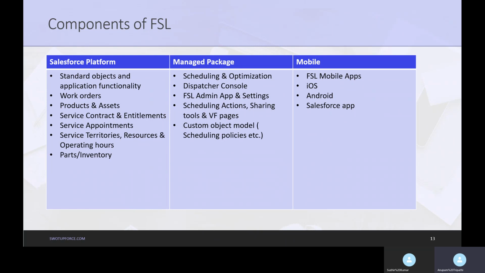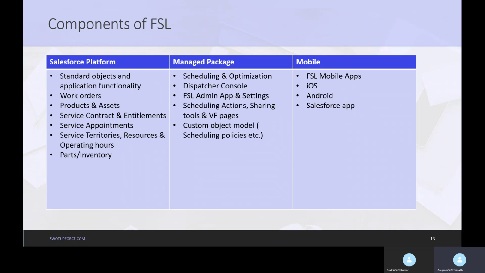The standard objects may include contracts, products, assets, entitlements, cases, work orders, and all these things. As you can see below: work orders, products and assets, service contracts and entitlements, service appointments.